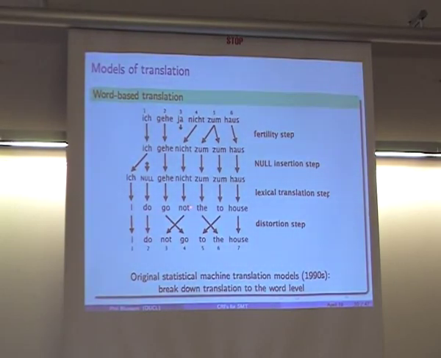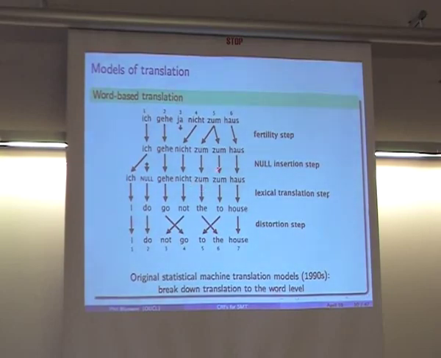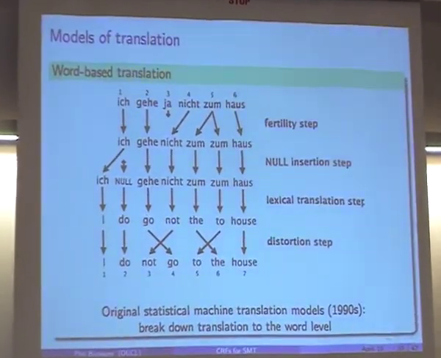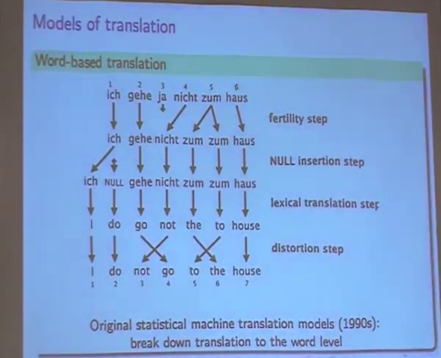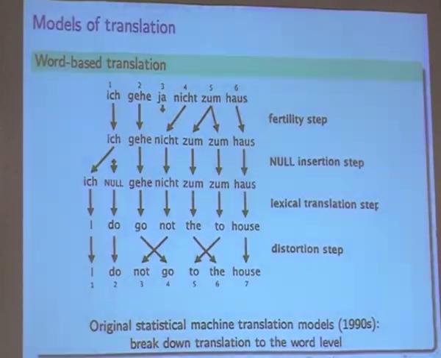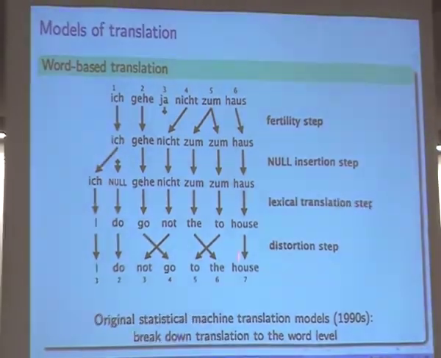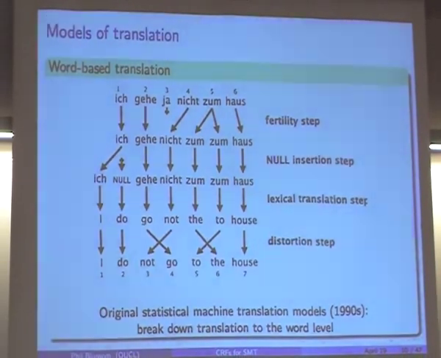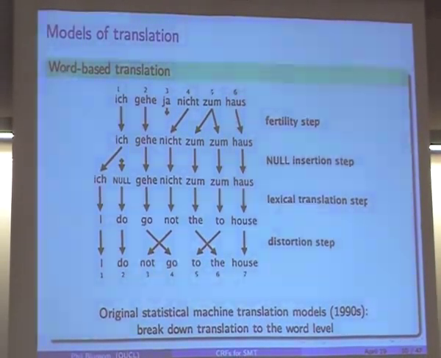At some point, we have a lexical transfer step, and that's where we do the translation. The interesting thing to note about these models is that these transfer steps are done independently. There are separate parameters, which is very inadequate from a modeling perspective, but a choice was made to make things tractable. And finally, the last step here is the distortion step, where we change the order of the words.